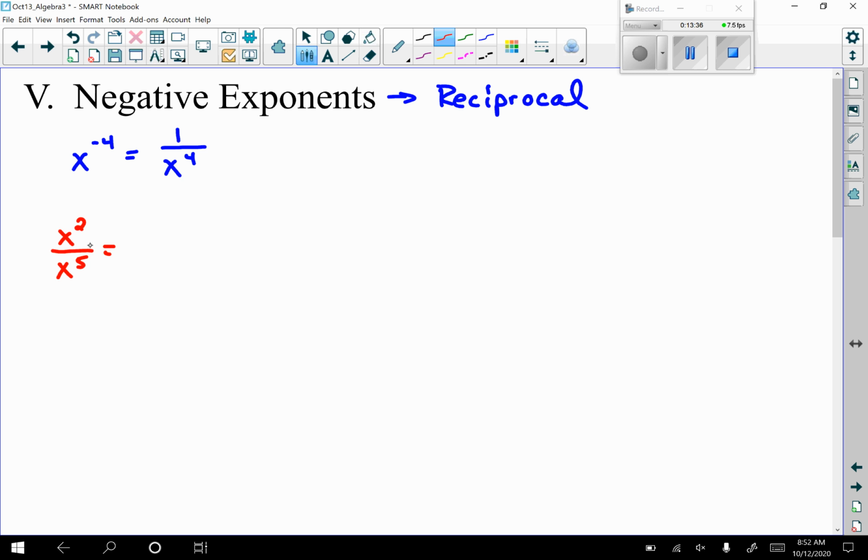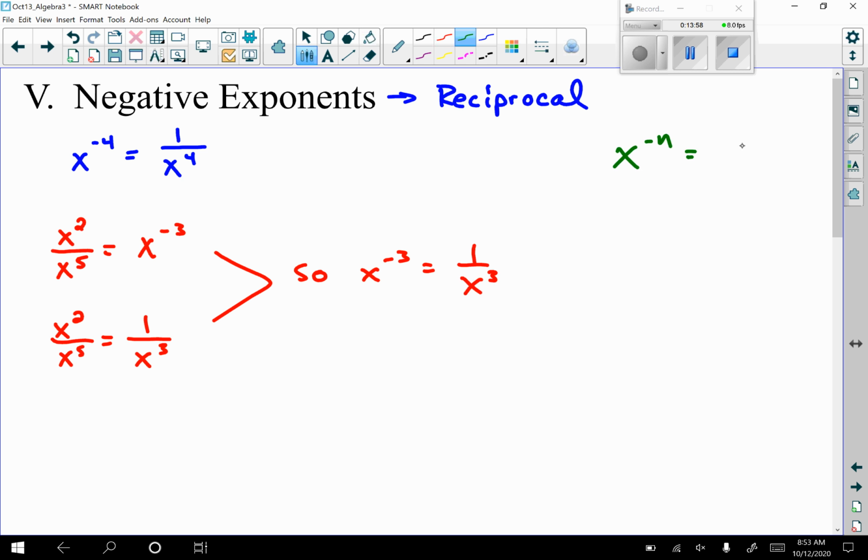If I were to just subtract the exponents and leave the x up top, I would have 2 minus 5, which becomes a negative 3. Or if I were to answer this question, where do we have more x's in our denominator? How many more? 3. And then I'd have a 1 up there. So x to the negative 3rd equals 1 over x cubed. So we could say x to the negative n becomes 1 over x to the positive n. So we take the reciprocal here.